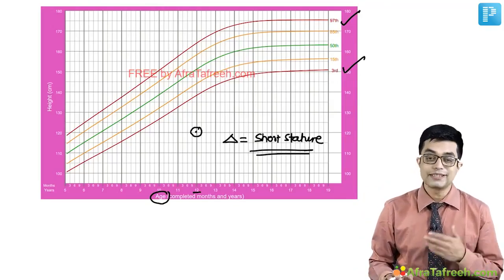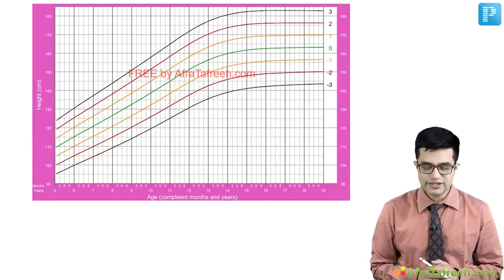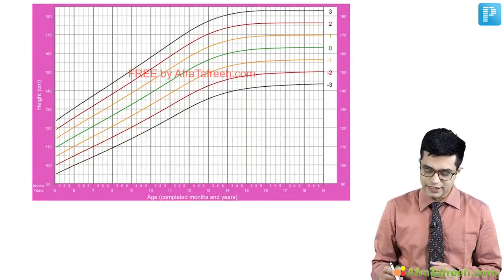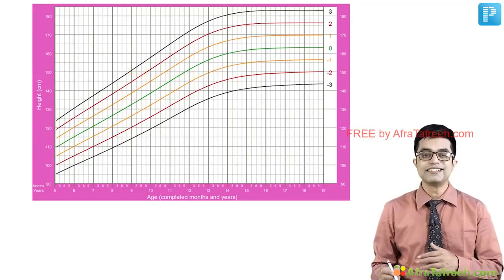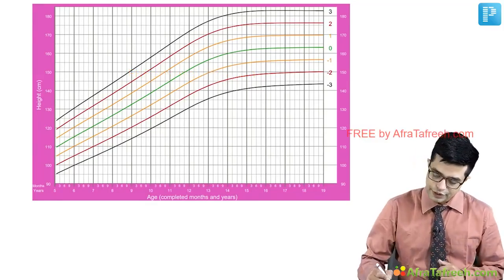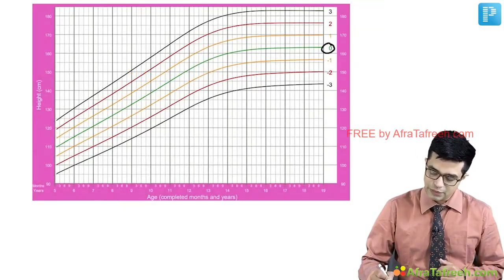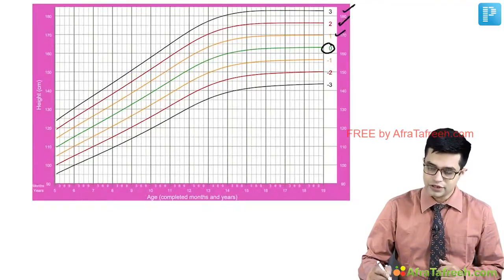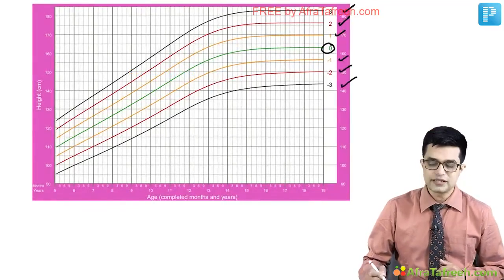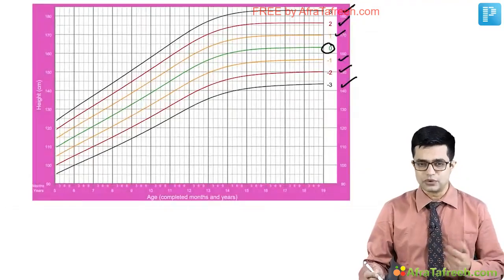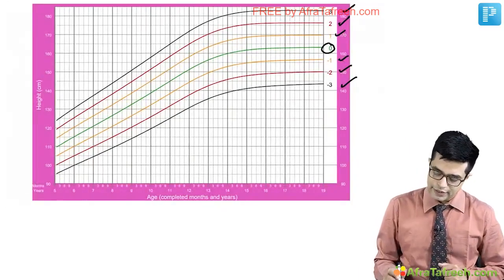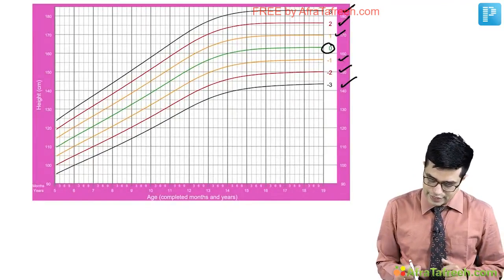The second chart which you need to know is this chart. As you can see, it is based upon standard deviations or z-score curves. You have the mean value, you have +1, +2, +3 standard deviation, -1, -2, -3 standard deviation, also called z-scores.